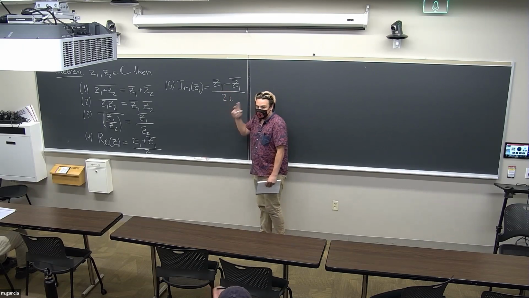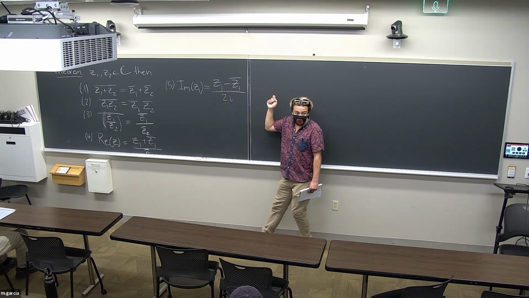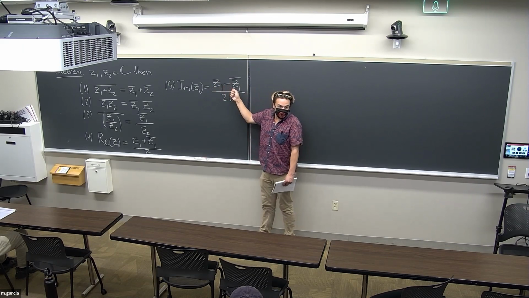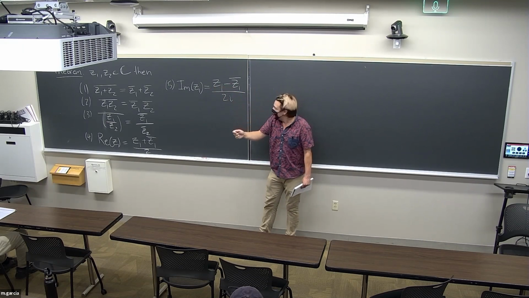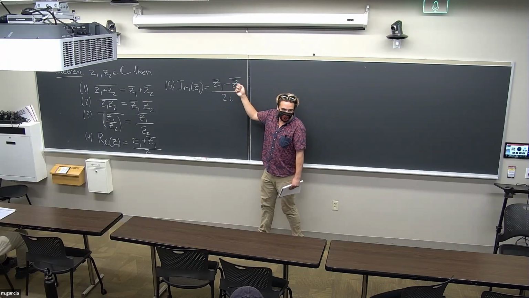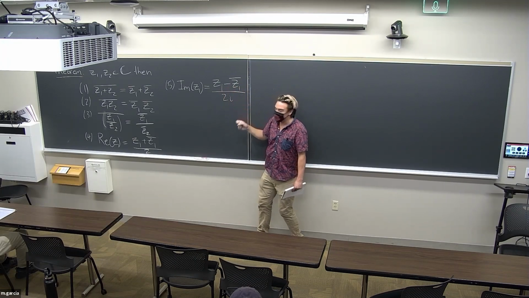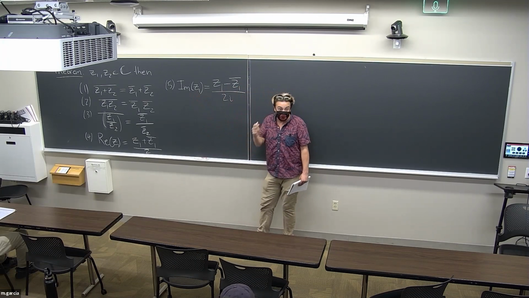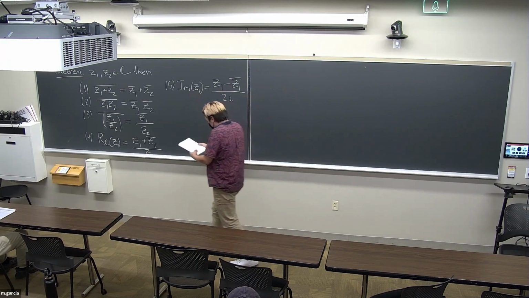Because, just think about this, when we flip the sign on the imaginary part of z1 and then multiply through by a negative, the real part of z1 cancels with the negative of the real part of z1 bar, which is the same as z1. And then we have the imaginary part of z1 minus the negative of the imaginary part of z1. Of course we still have the factor of i in here, so we cancel that i out. Remember, the imaginary part of z1 is a real number. It's just the coefficient on i. Okay?